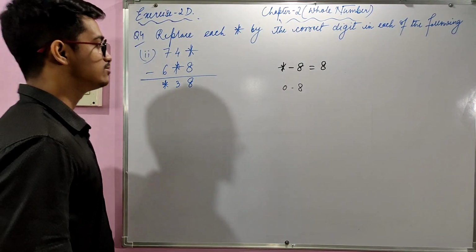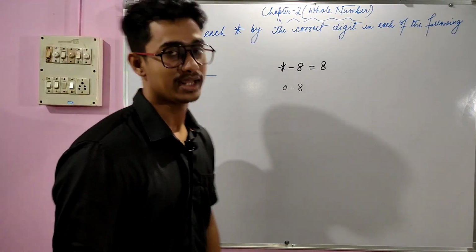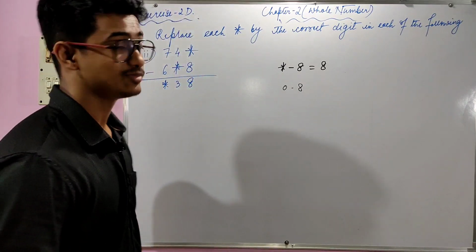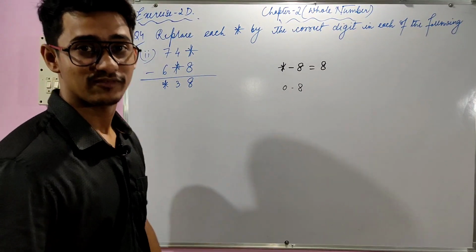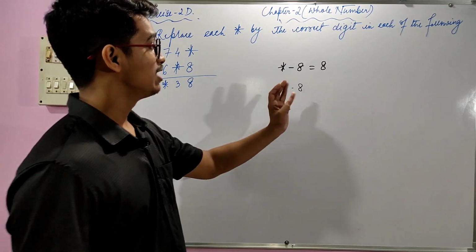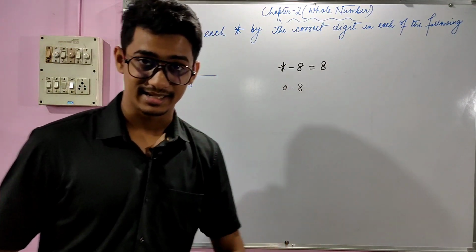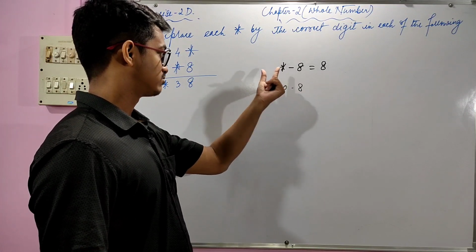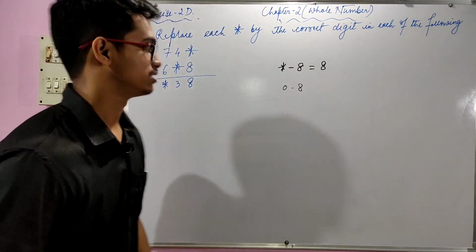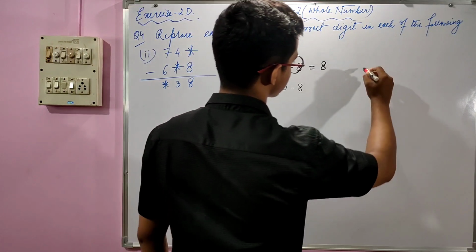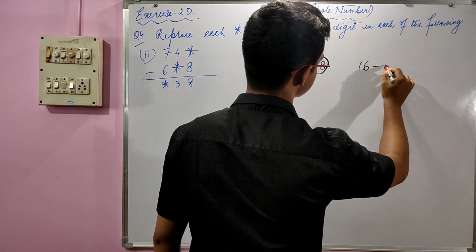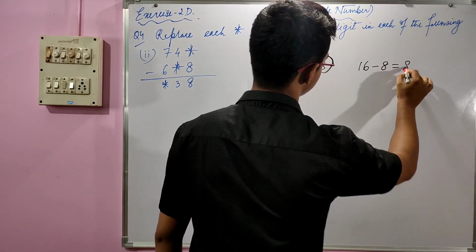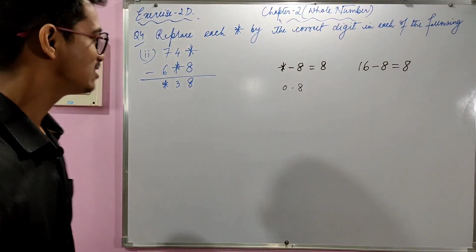So which is the number that we can write over here? How will I find that number? Just think. Now see here, one number is there from which we can use subtraction to get 8. The number is basically 16 minus 8 equal to 8, right? 16 is that number.